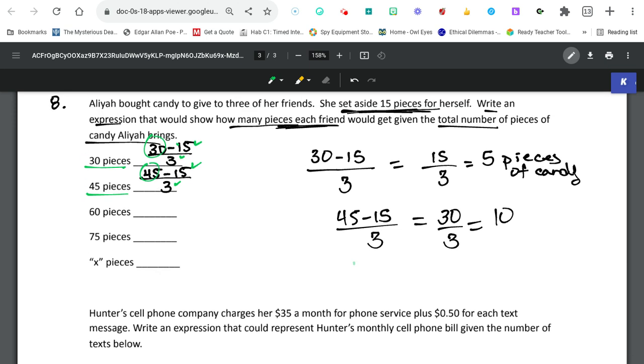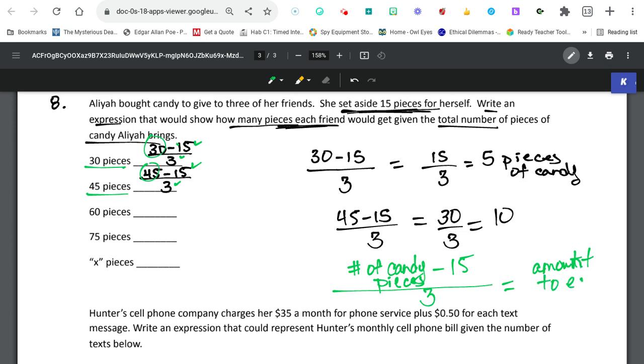It looks like what I'm doing is taking the number of candy pieces, subtracting 15, which she's keeping for herself, and then dividing by 3. That's going to give the amount to each friend.